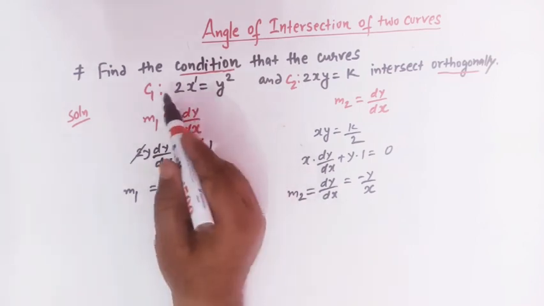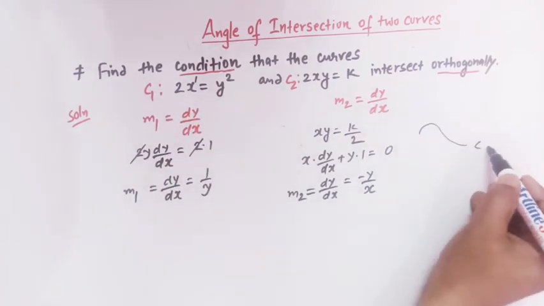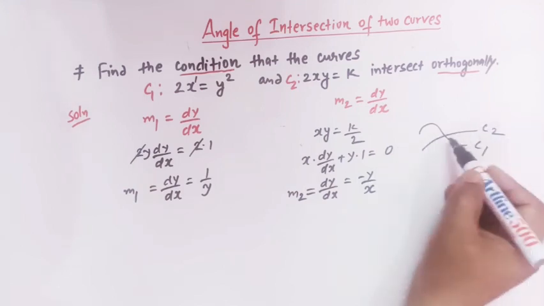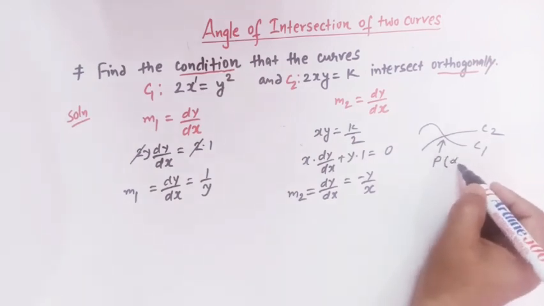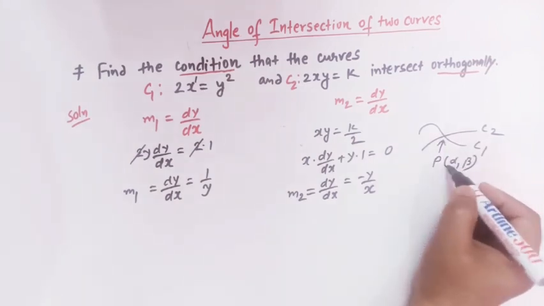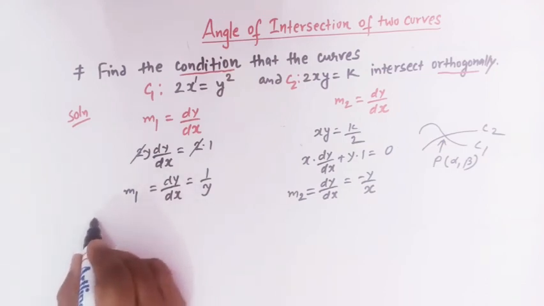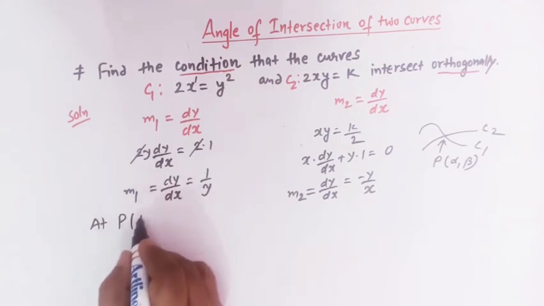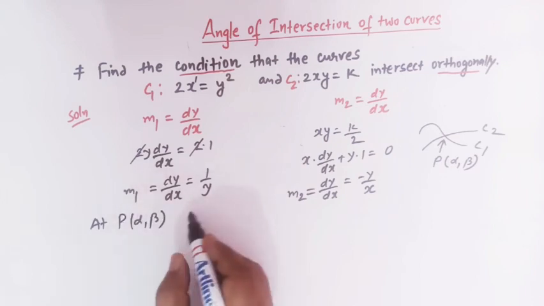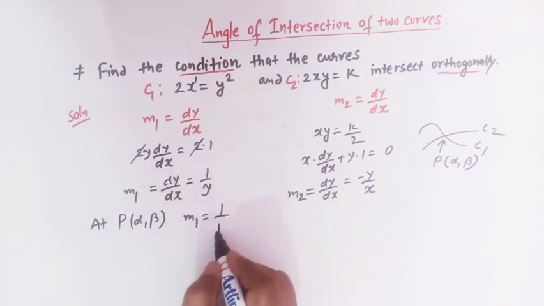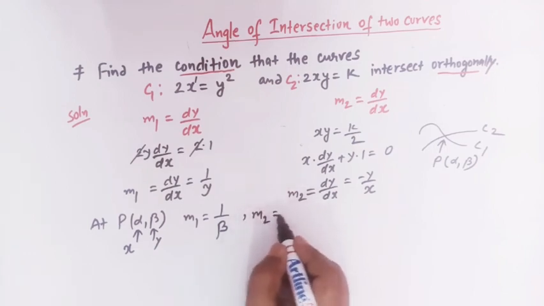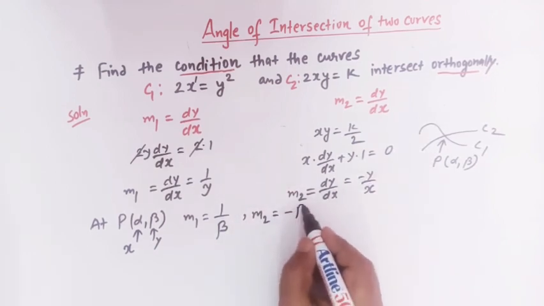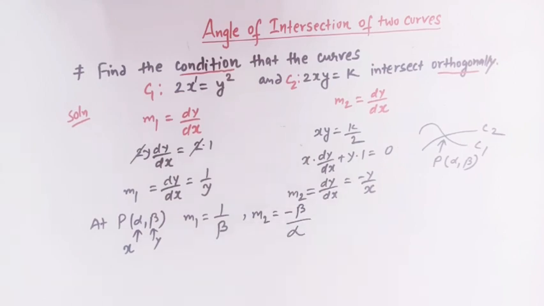Now if this curve is C1 and this is curve C2, then this is the point of intersection of C1 and C2, and let us say this point is alpha comma beta. So at point P alpha comma beta, m1 can be written as 1 over beta, because this is the value of y, and m2 is equal to minus beta over alpha, right?